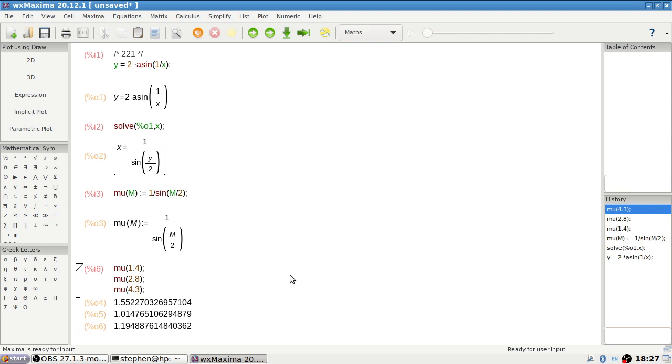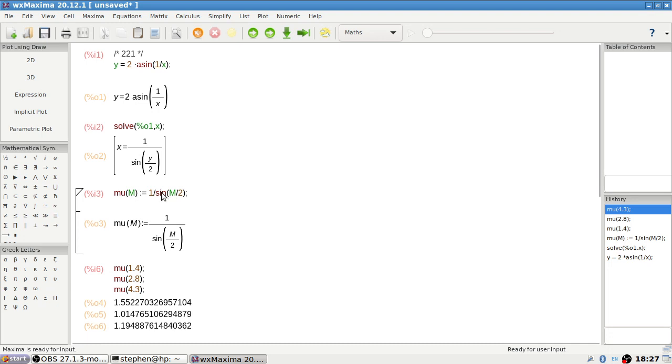Okay, let's see. 221. Oh, I just remembered as I was looking at the answers, it jumped into my head that these are radians and we need the degrees. So what I might do is just change the definition here.